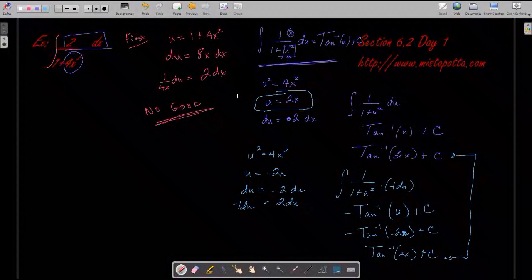Find the differential du and substitute to make your integrand a much easier expression to take the antiderivative of. Just do not forget this last step, replacing u as a function of x.